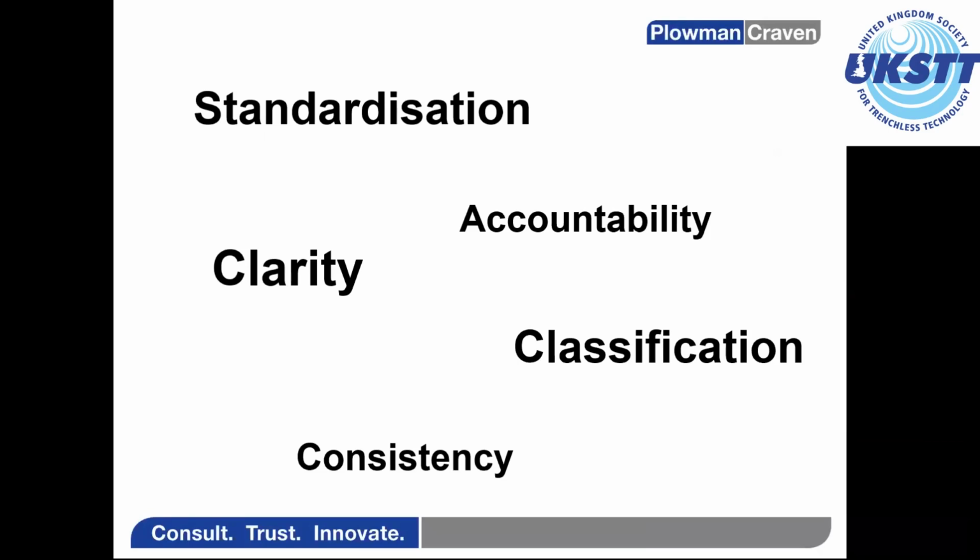The PAS aims to provide clarity in the service provided and the methods employed, consistency in the approach to data capture, classification of the results and the confidence that can be associated with them, standardization of the format of deliverables, and accountability for the work being undertaken.